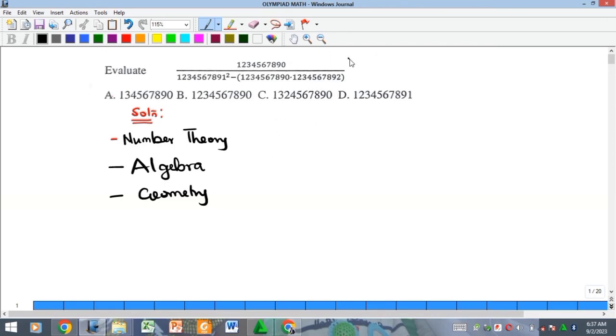It says we should evaluate this fraction. To evaluate a fraction, you basically just need to know what the denominator and the numerator are, and see if it can divide. If there are numbers, or maybe letters involving algebra, you will know how to simplify. The most important aspect of every fraction is usually the denominator.